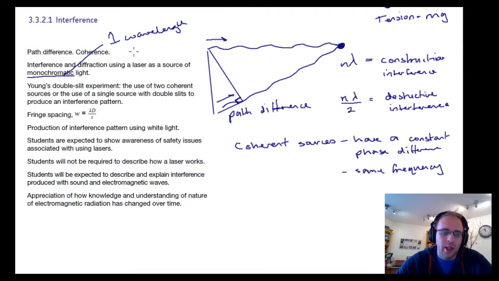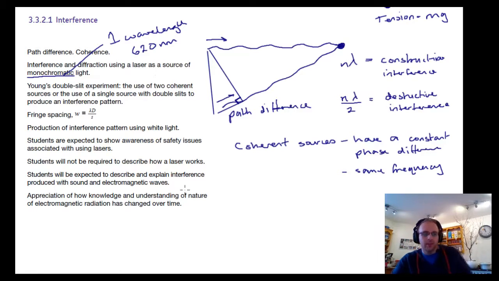So for example, my laser pen at college is a red laser. It's got a wavelength of 620 nanometers. And tolerance isn't very good, it's plus or minus 20 I think, but you can get very good lasers which produce very narrow bands or single wavelengths.